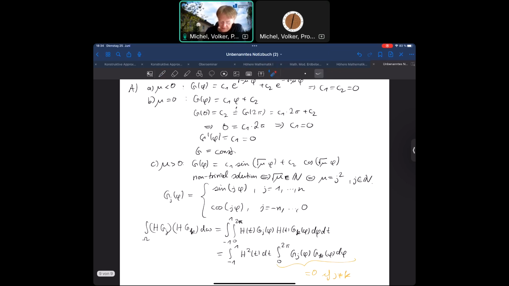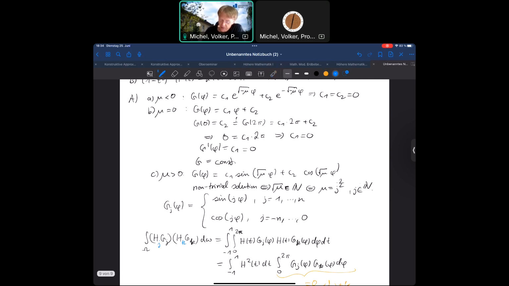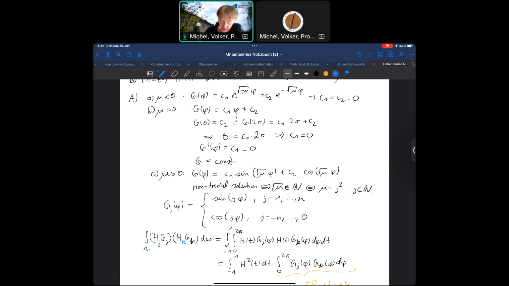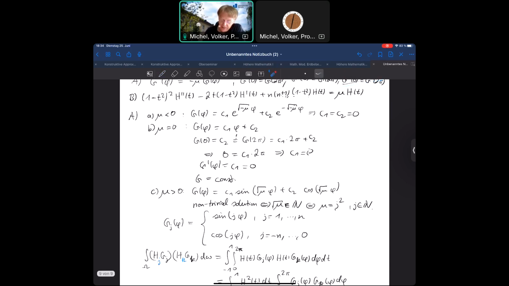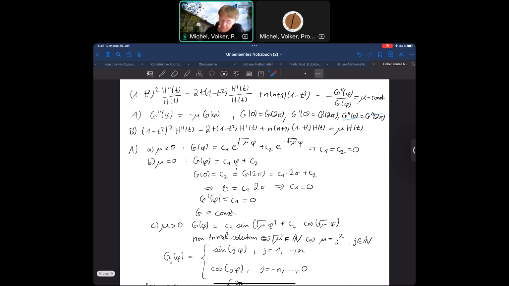So it's not as I showed it here, because in reality you would have an h_j and an h_k here, because a different function g corresponds to a different parameter j.